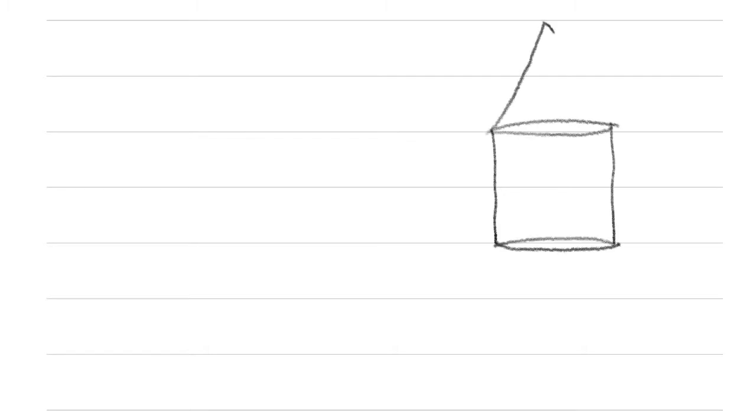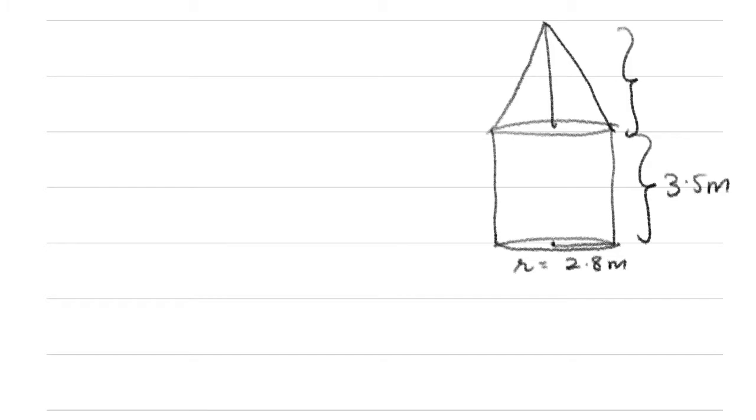We have tents whose base is in the form of a cylinder, and we have a cone on the top, and the radius of this cylinder is 2.8 meter and the height is 3.5 meter, and the height of the conical part is 2.1 meter and the base radius is same.